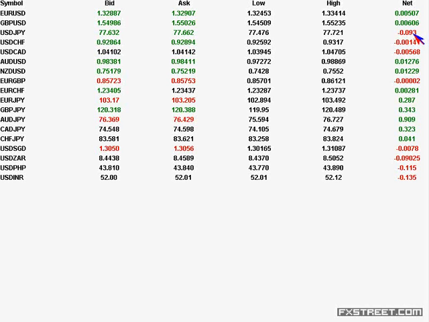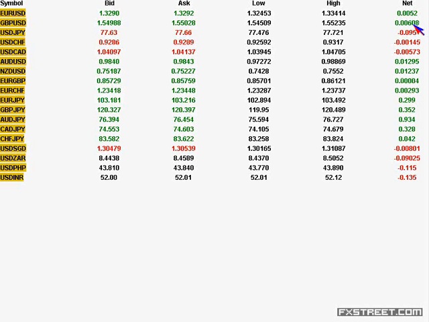So in Euro and GBP we are seeing positive net change, and USDJPY and USDCHF show negative net change. We know that they are making the USD weakening move for the week beginning and during the Japanese session.